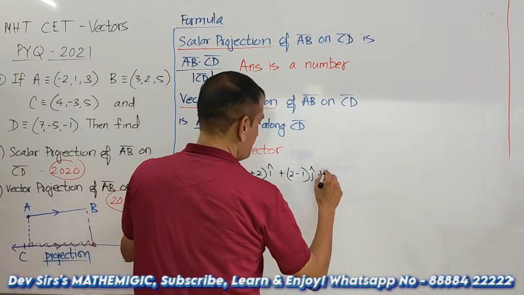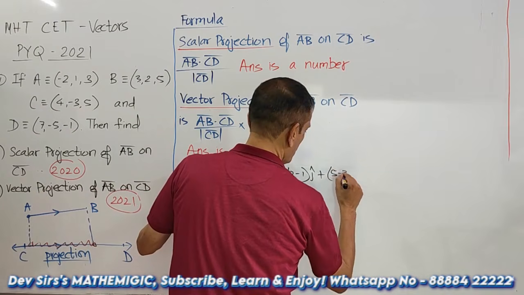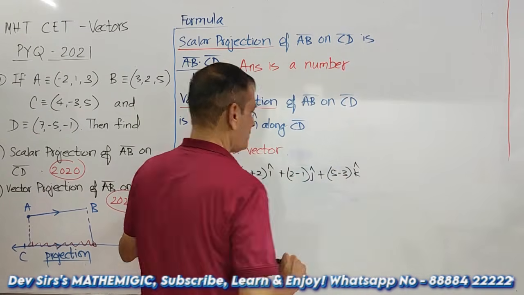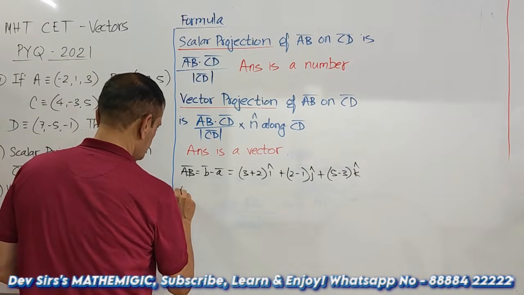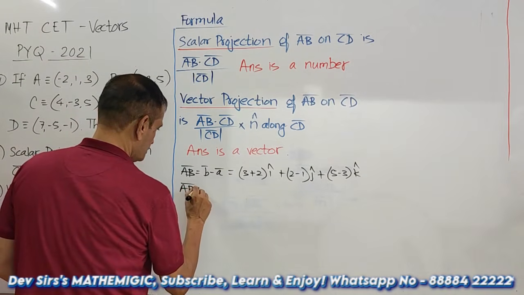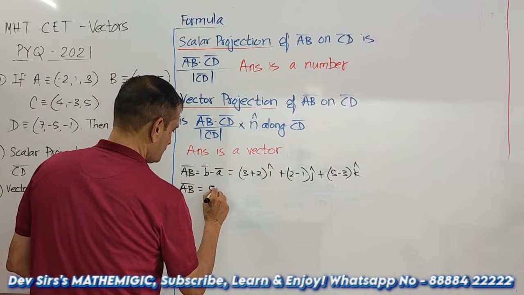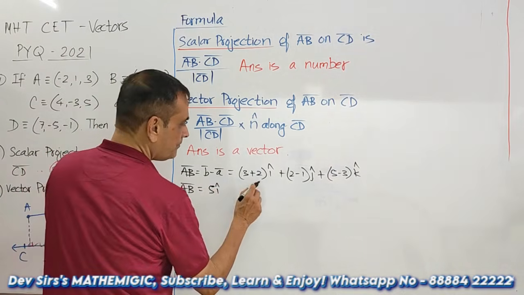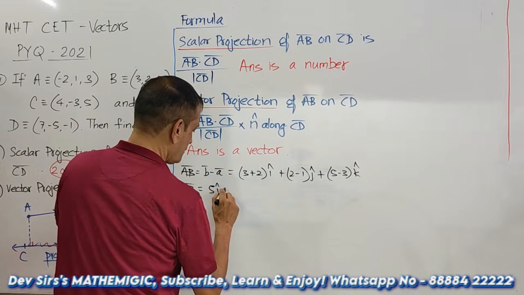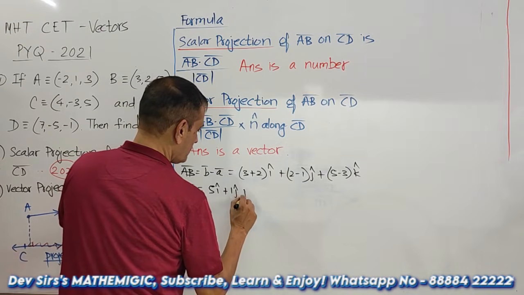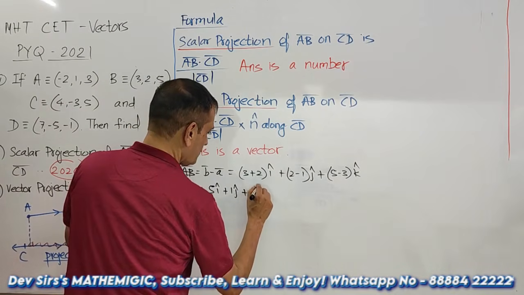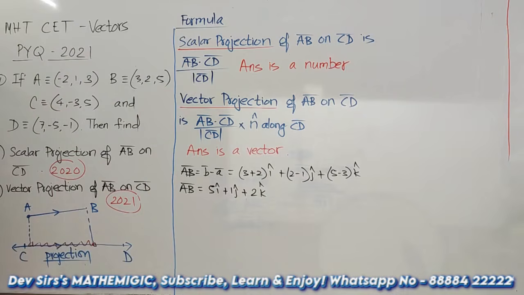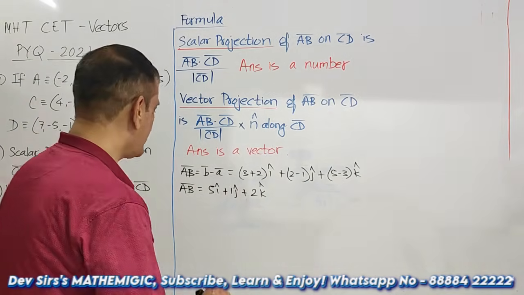Five minus 3, that is vector AB. Five I, two minus one is one. अभी CET में you have to do it orally like I am doing now.